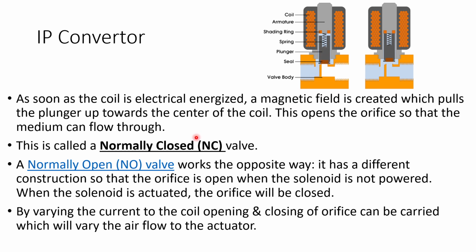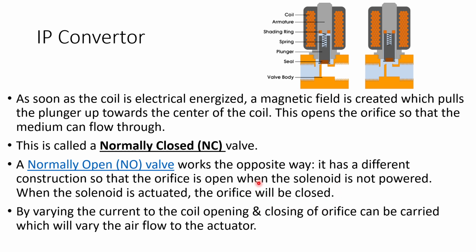So a spring is pushing the valve seat, and as soon as the coil is energized, a magnetic field is created which pulls the plunger up toward the center of the coil. This opens the orifice. So this orifice, you see on the right hand side, opens, and through this the air or whatever media can pass. This is called a normally closed or NC valve.